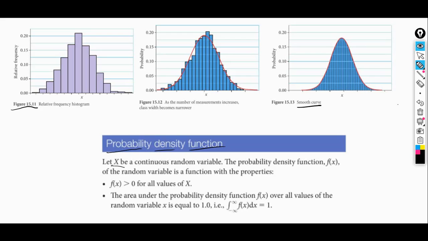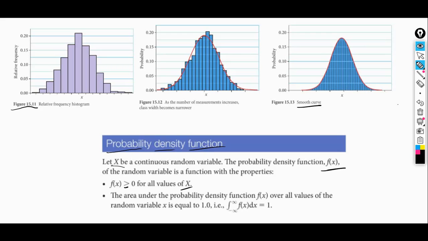So if x is a continuous random variable, the probability density function f of x would have two properties. First of all, f of x would be greater than or equal to 0. We should note there, greater than or equal to 0 for all values of the random variable x.